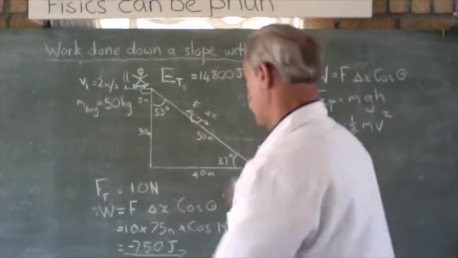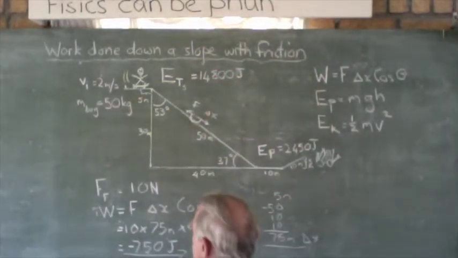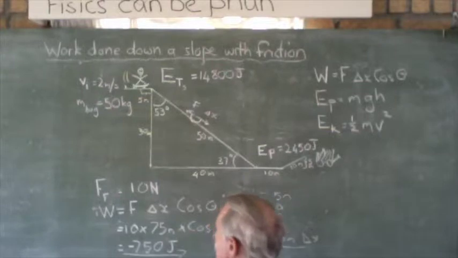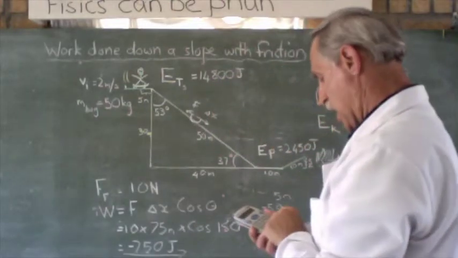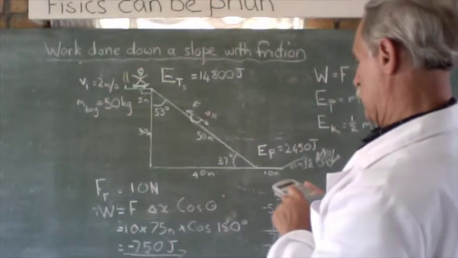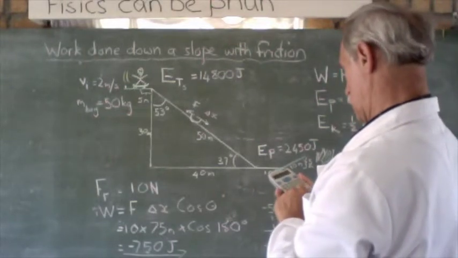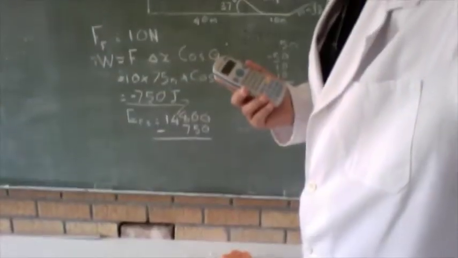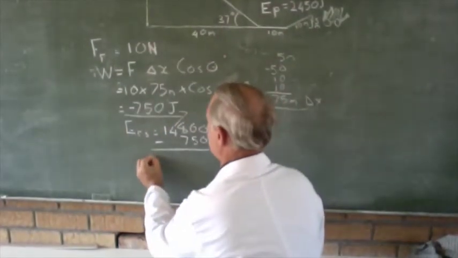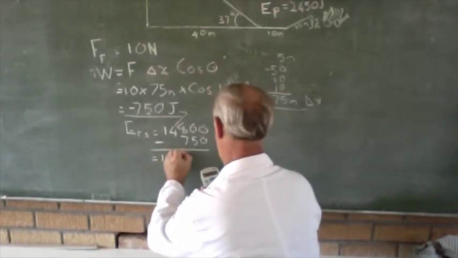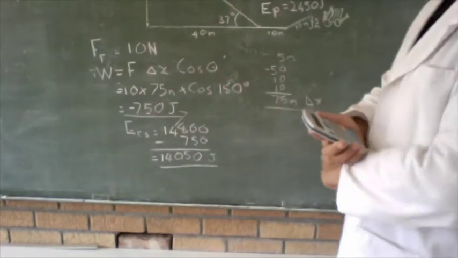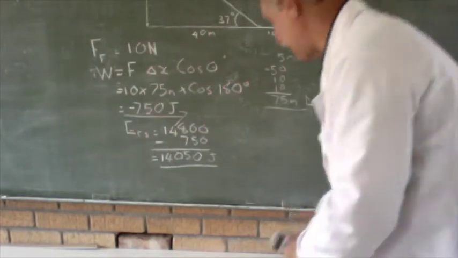So if we start with that, the energy at the start is equal to 14800 minus 750, and the answer comes to, at the end we are left with 14050 joules of energy. 14050 joules of energy at the end.